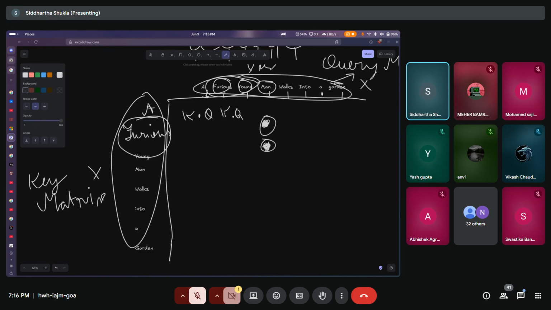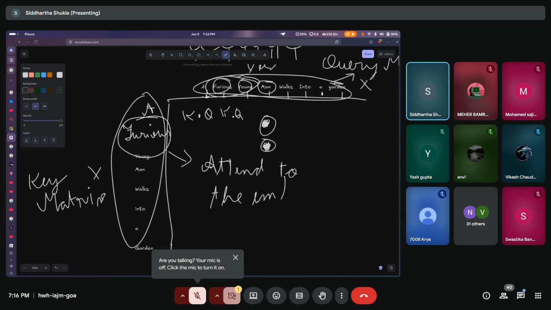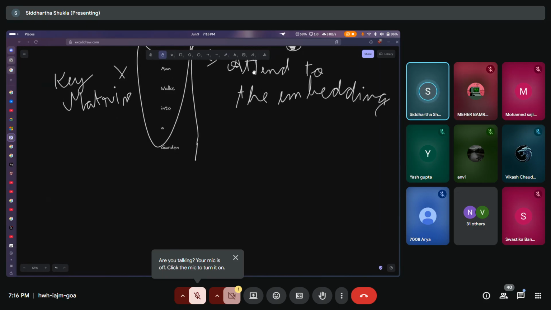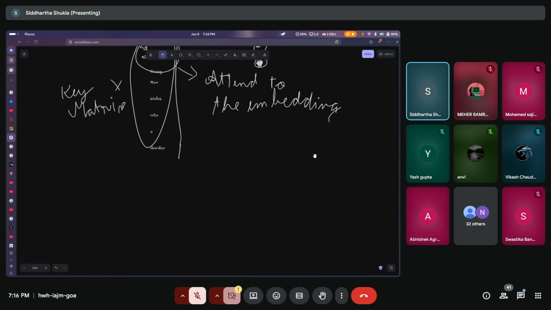In terms of AI, you would put it like this: Furious and Young attend to the embedding of man. So this thing right here is self-attention.